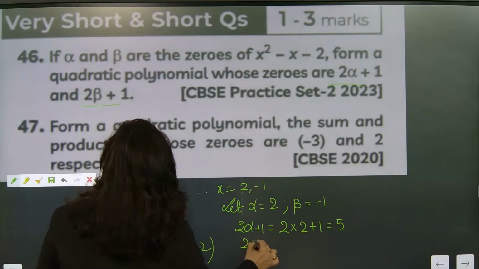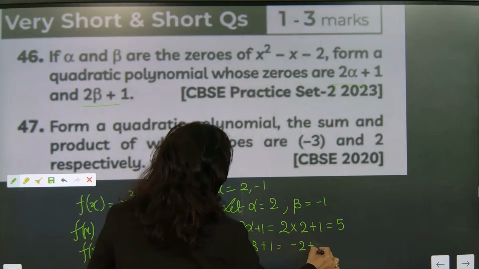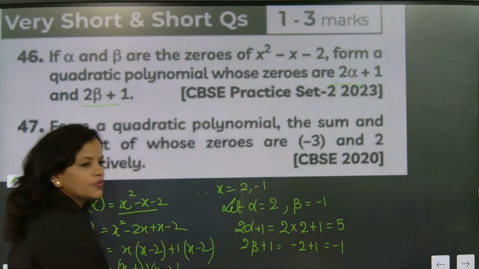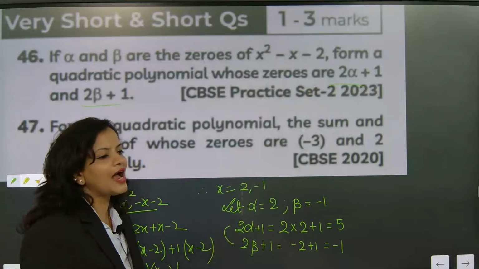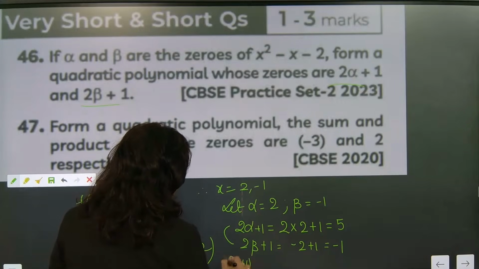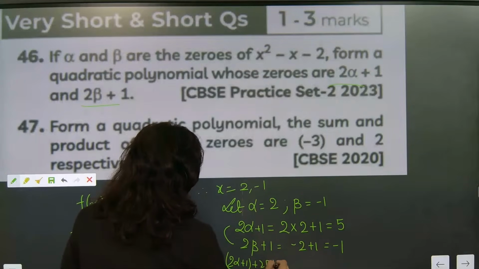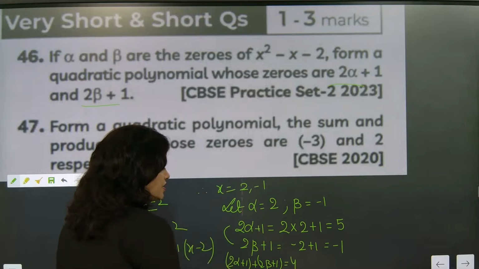Now 2 beta plus 1 is minus 2 plus 1, which is minus 1. Now we have to find the sum of the zeros, which means we have to add these two, correct? So 2 alpha plus 1 plus 2 beta plus 1, the total value is coming as 4.